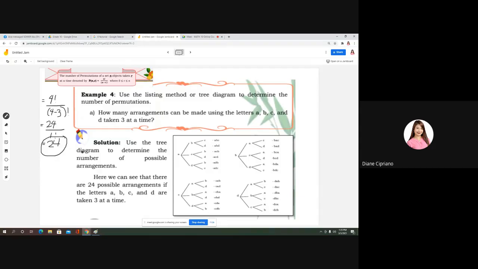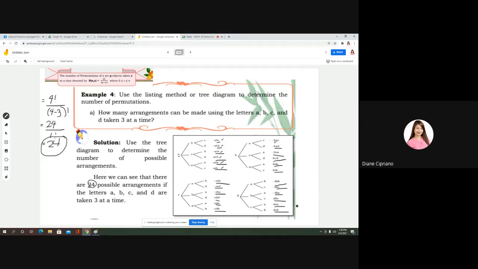So let's see. Through listing method, use the tree diagram to determine the number of possible arrangements. Here, we can see that there are 24 possible arrangements if letters A, B, C, and D are taken 3 at a time. So via A, we have A, B, C, A, B, D, A, C, D, and so on. So how many was that? 1, 2, 3, up to 24.